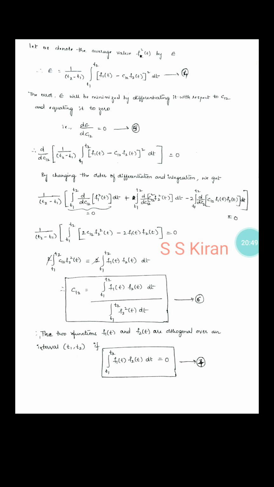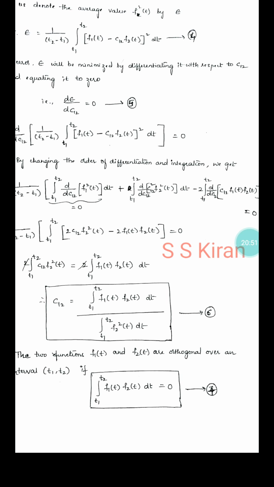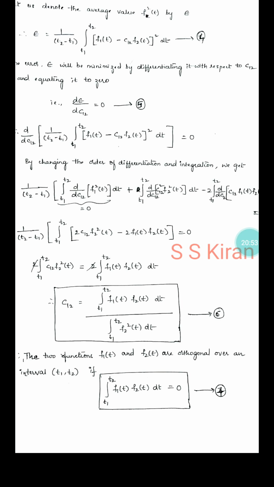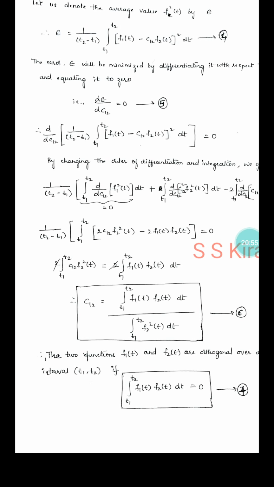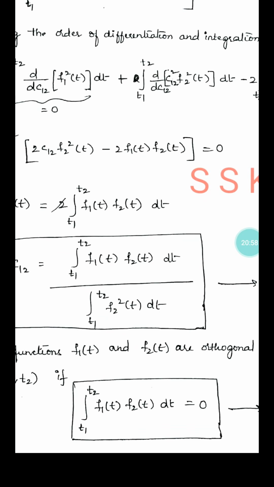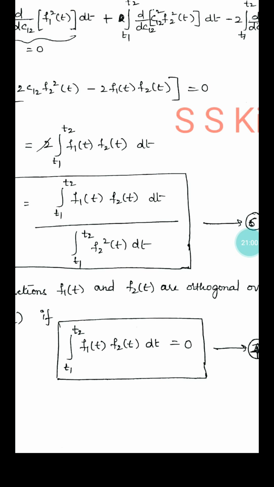The first one: the two functions f1(t) and f2(t) are orthogonal over an interval, so we can write it like this: integral from t1 to t2 of f1(t) f2(t) dt equals 0 if it is orthogonal.